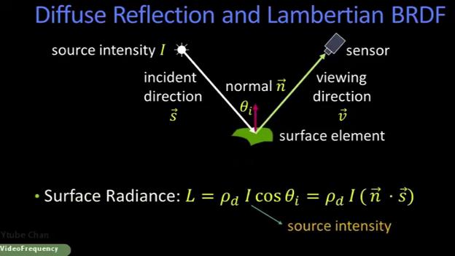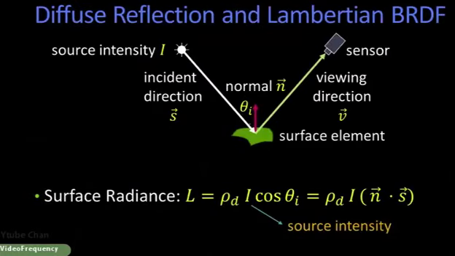And so the surface radiance is just going to be that constant times the source intensity, I, times the cosine of the incident angle, because the irradiance is a function of the radiance of your source times the cosine of that angle, and then the thing looks equally bright from all directions.